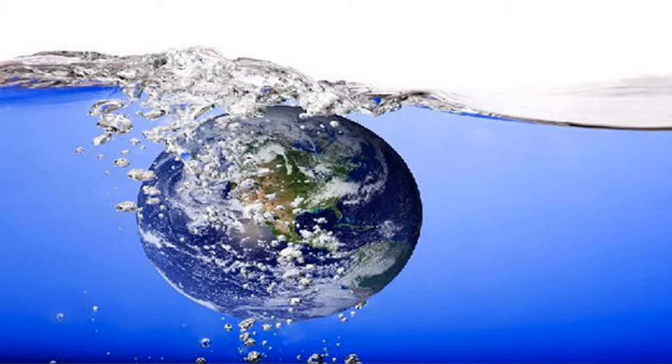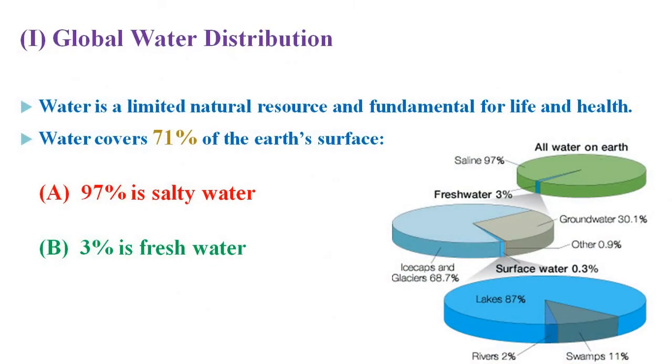Only 1% is drinking water, divided into underground water and only 2% for rivers. These rivers benefit only some countries, not all, so many people suffer on the earth.